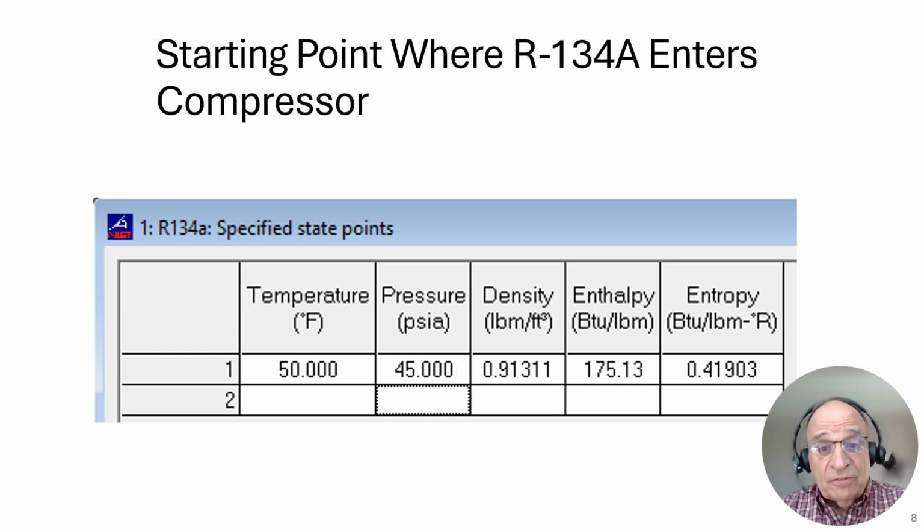Once you put in two intensive properties, these other three populate. Now, I could have had another 7 rows of properties out here, but I chose to display only density, enthalpy, and entropy. So we're starting out at this point here. This is our starting point, and our starting enthalpy would be 175.13.